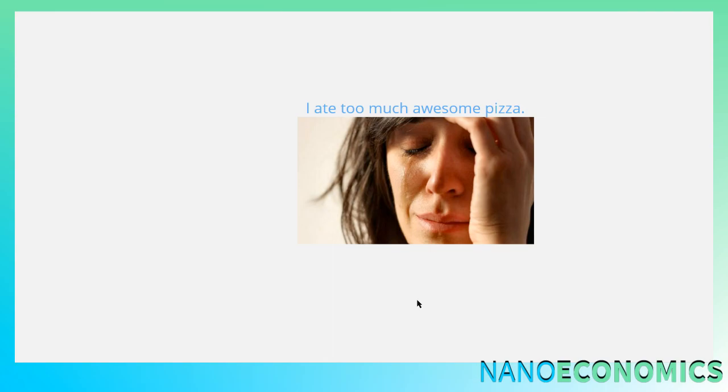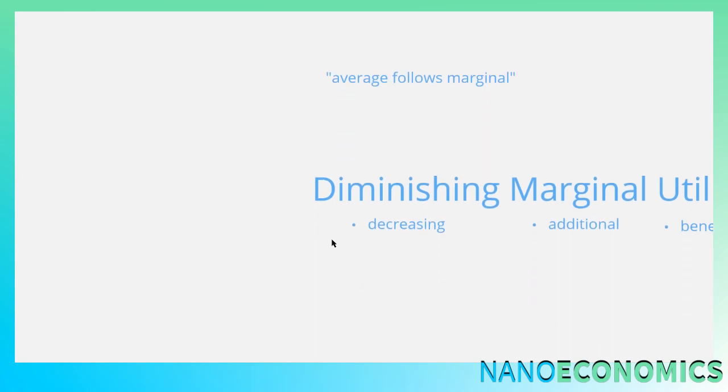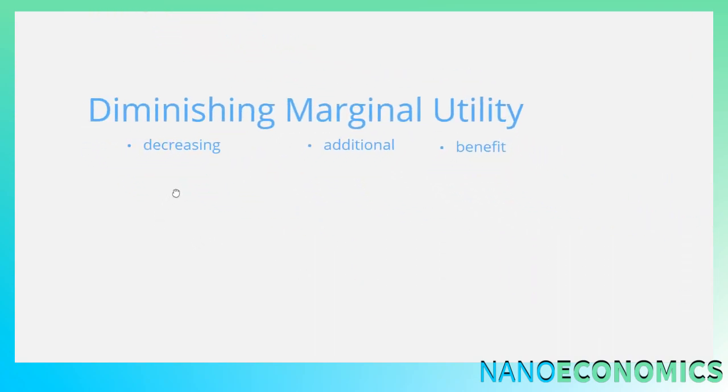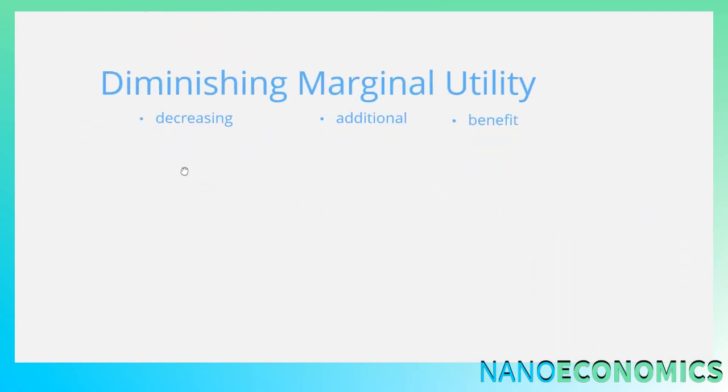And essentially that is the concept of diminishing marginal utility in a nutshell, and the way that we wanted to focus on it being a larger bit of vocabulary. Sometimes it'll be the law of diminishing marginal utility that we're talking about.